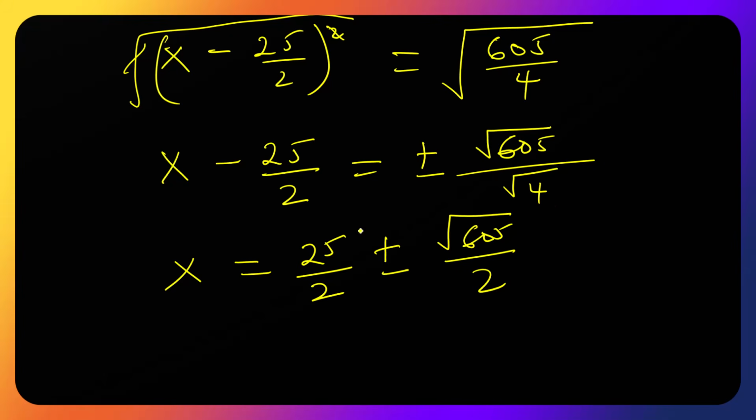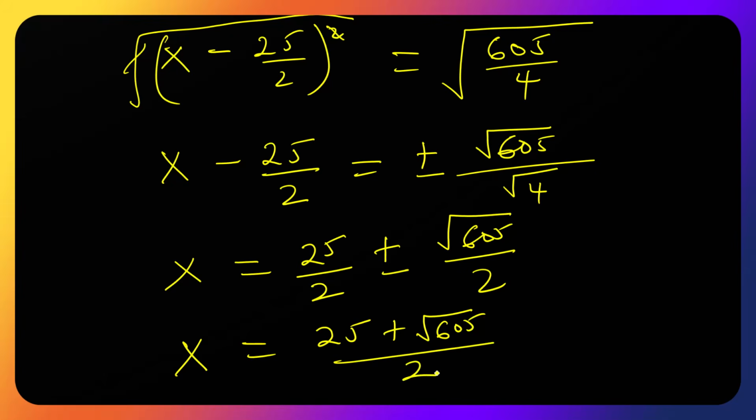Now from here, my x will be 25 plus the square root of 605 on 2, or 25 minus the square root of 605 on 2.